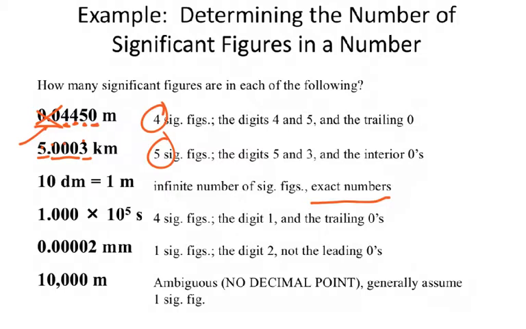Now, this next one is important. You have a number here in scientific notation. Here's what I want you to do. This one's actually really easy after I explain it. Whenever you're given something in scientific notation, ignore the base component. Don't even look at that. Focus only on this portion of the number. And use the rule.